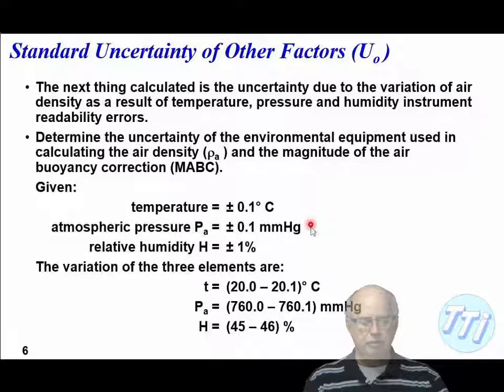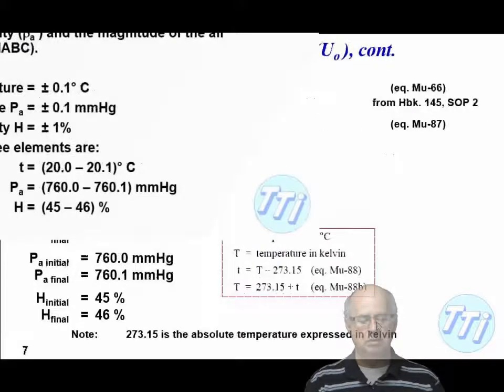Remember, all of these 3 parameters, temperature, atmospheric pressure, and humidity, all contribute towards the density of air. And so we're saying the temperature could change from 20 to 20.1. It's actually a plus or minus, which is looking one-sided here. Similarly, the pressure, one-sided, and the humidity, one-sided.